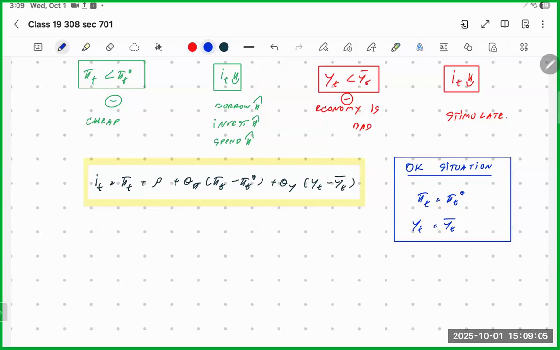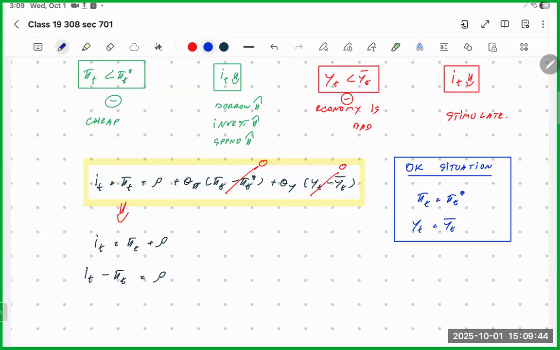If we are in the okay situation, no inflation problem, no economy problem, the bracket pi t equal to pi t star, this bracket equal to 0. Yt equal to yt bar, this bracket also equal to 0. Which means the whole equation reduces to it equal to pi t plus rho. Just like that. Rearranging the equation a little bit: IT minus pi t equal to rho.